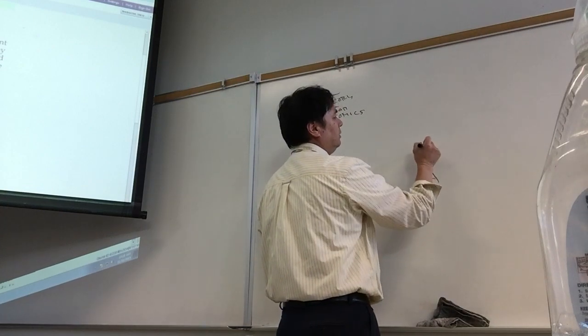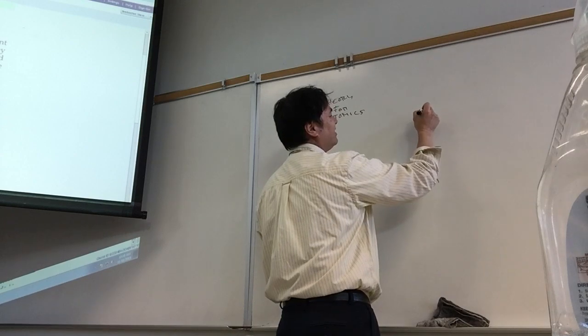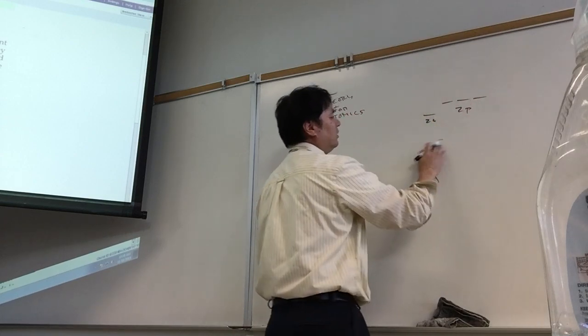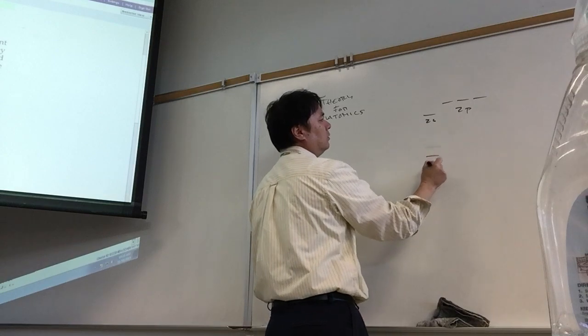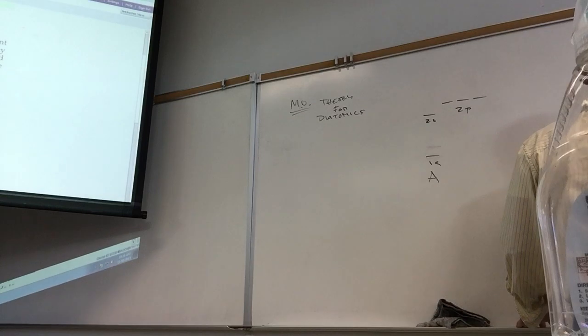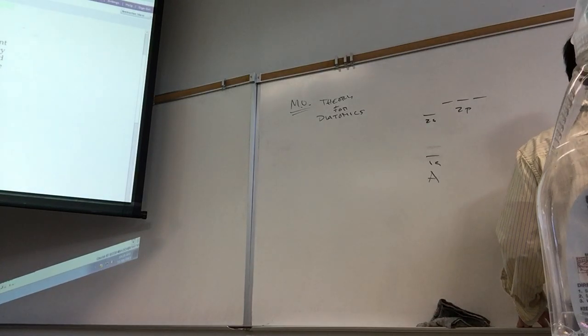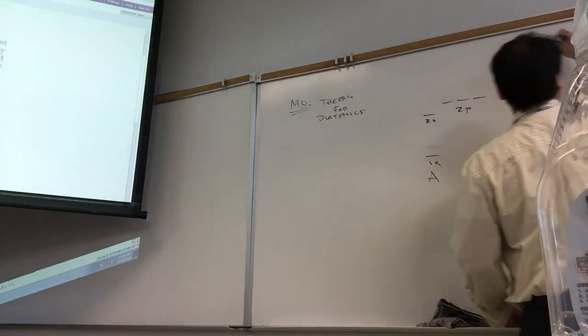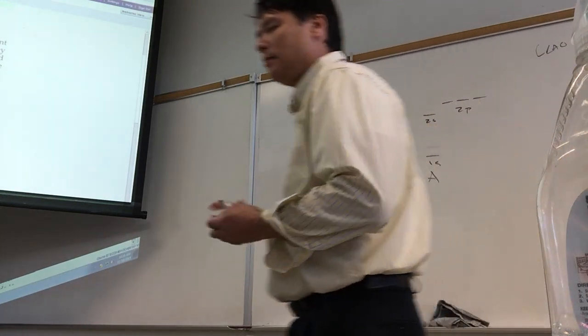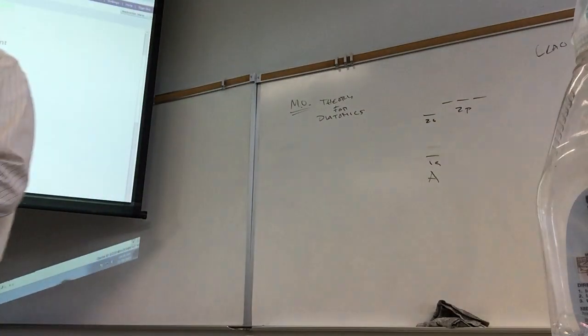We do A: 1s, 2s, 2p. We're going to do it like this. And B: take out an A and put an B, 1s, 2s, 2p. And then we're going to do LCAO, and generate what's called the molecular orbital energy level diagram.